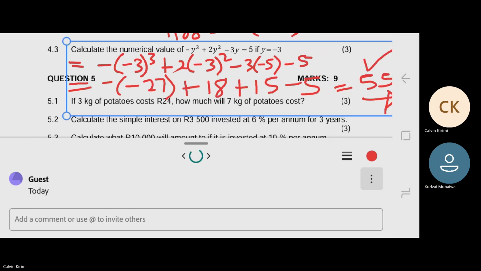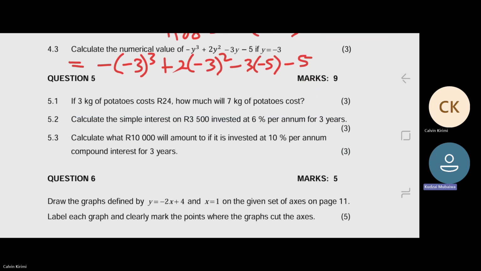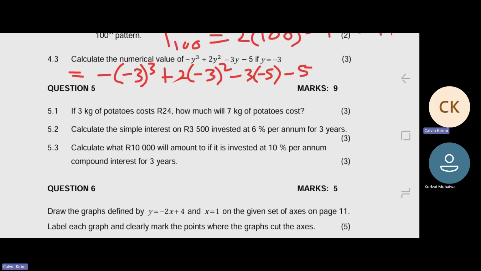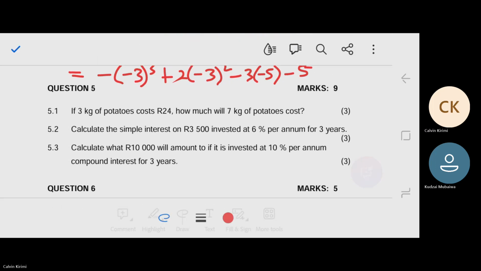Then you multiply that by the 7 kg. What is the cost? 56 rand. Correct. Let's go to number 5.2. Yes, sir.